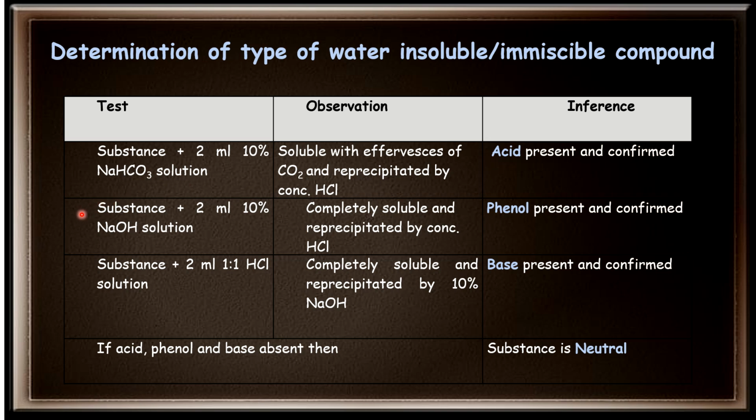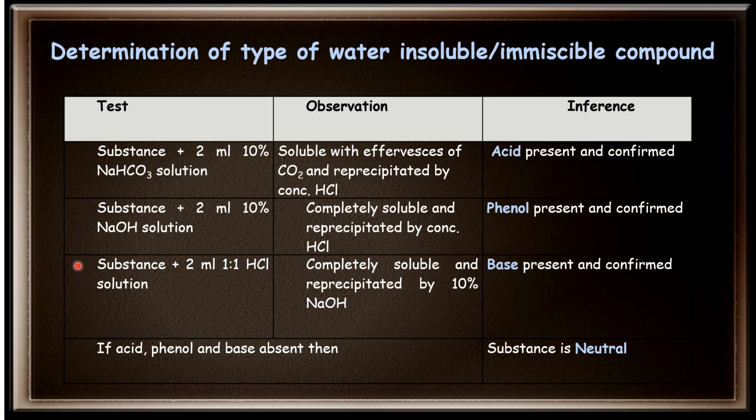Then the next test, substance plus 2 ml 10% NaOH solution. If the compound is completely soluble and it gets reprecipitated by concentrated HCl, then phenol is present and confirmed. That is, the type of the compound is phenol.